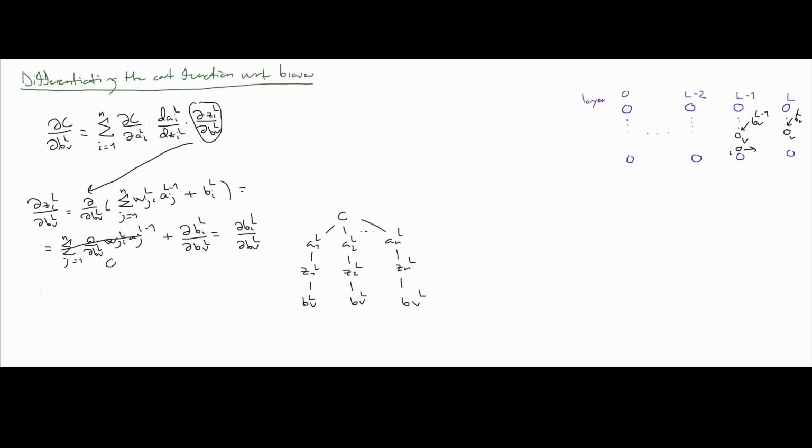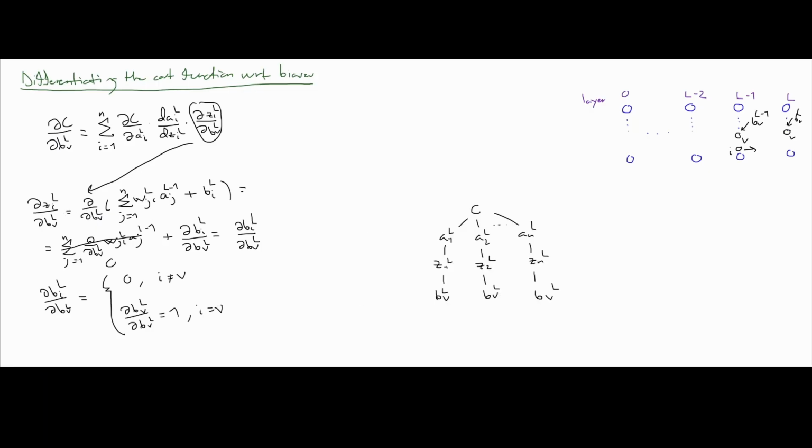So we can write this down as 0 when i is not equal to v, and when i is equal to v, we get the following expression, which is just 1. This means that the partial derivative of the weighted input in neuron i is equal to 0 when i is not equal to v, as this term becomes 0, and it's equal to 1 when i is equal to v.